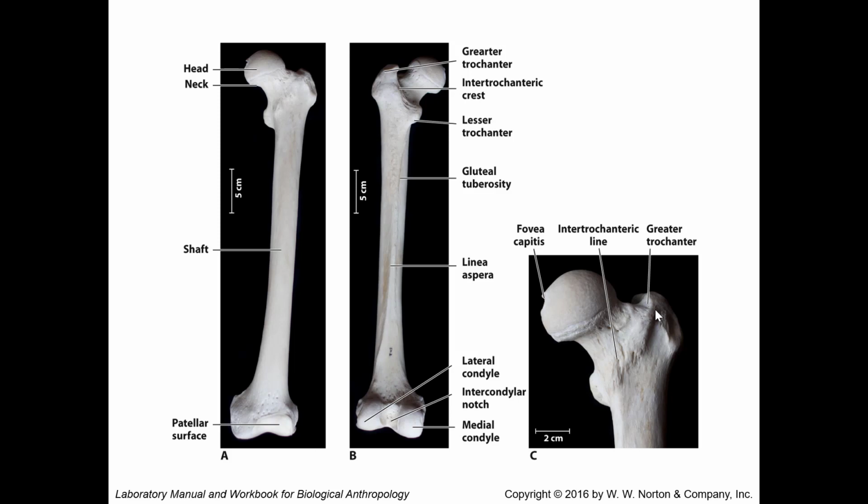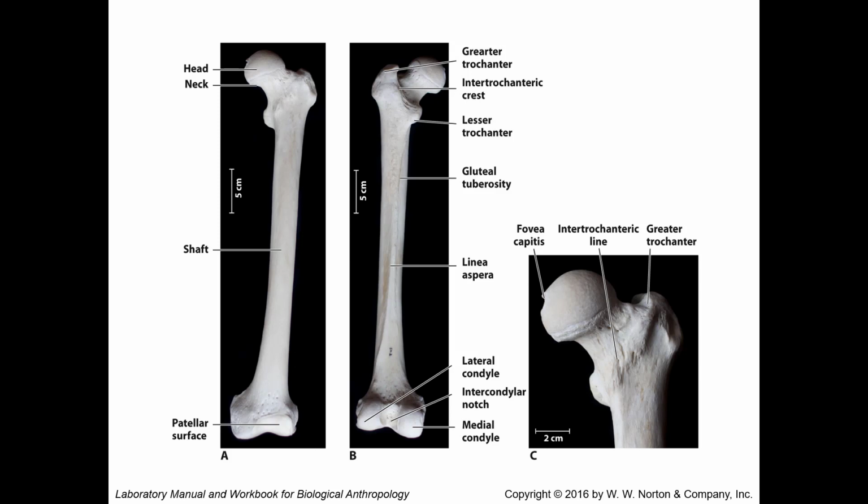Between the greater and lesser trochanters on the posterior surface of the femur, there is a ridge called the intertrochanteric crest, right here. Between the trochanters on the anterior surface, there's a less pronounced line in the bone called the intertrochanteric line.